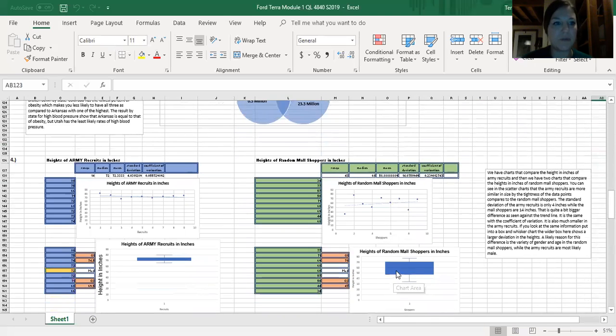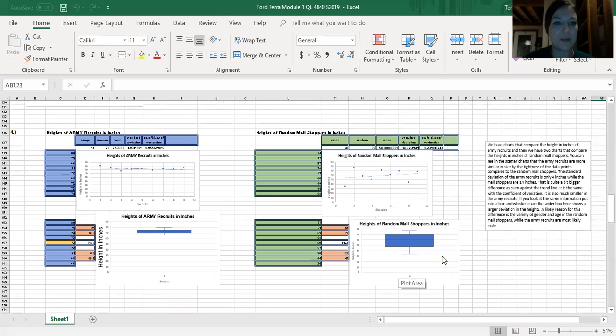Moving on to number 4. We have charts that compare the height in inches of Army recruits, and then we have 2 charts that compare the height in inches of random mall shoppers.